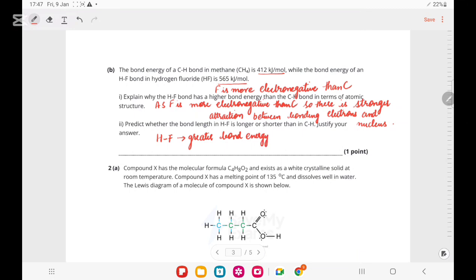That means its bond is going to be stronger. So H-F has shorter bond length as compared to carbon hydrogen.